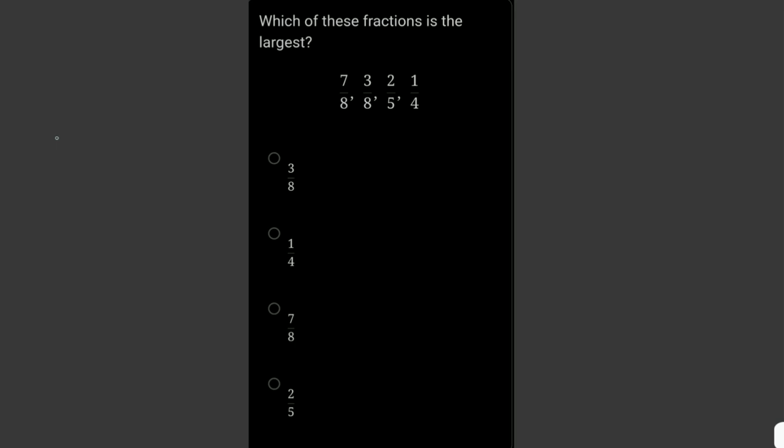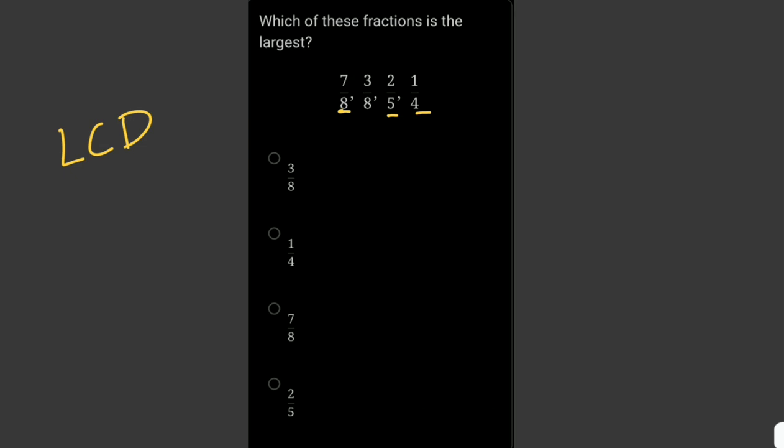So all we have to do here is find the LCD, or the lowest common denominator, of all of the 4 fractions. Lowest common denominator means the smallest number that could divide the denominators. So the denominators here are 8, 5, and 4. What is the smallest number that could divide 8, 5, and 4?